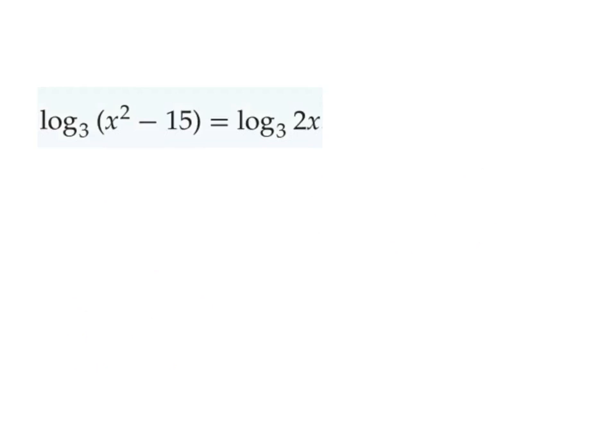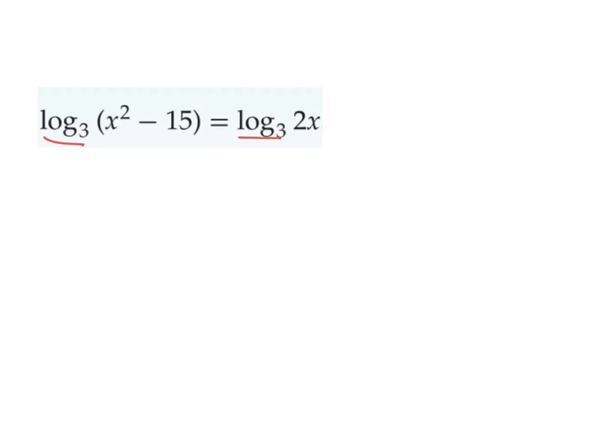The other type of problem we're going to do is when there's a log on both sides. When there's a log on both sides, they can become a little more complex, and the steps that we take are different. The steps that we take are more like what we did in 7.2. The first thing we have to look out for is that the log base is the same on both sides.